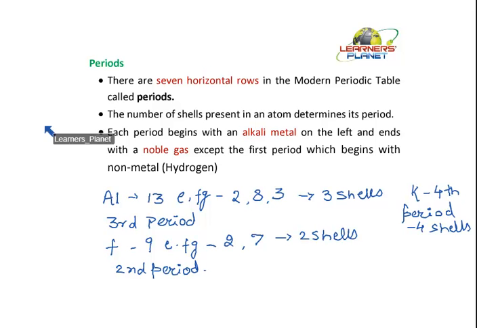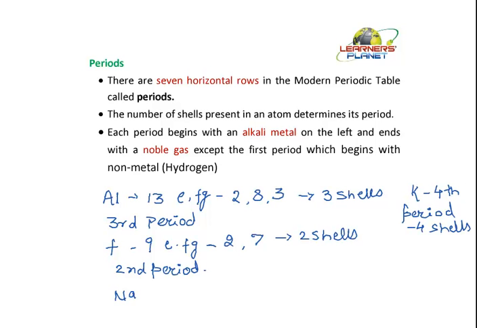Now in this case, each period begins with an alkali metal on the left and ends with a noble gas, except the first period which begins with the non-metal hydrogen. Say, if I am writing the 3rd period, what is the first element? It is sodium, right?